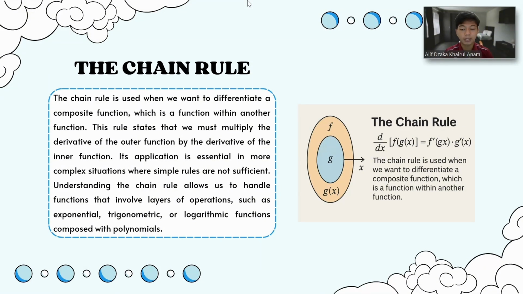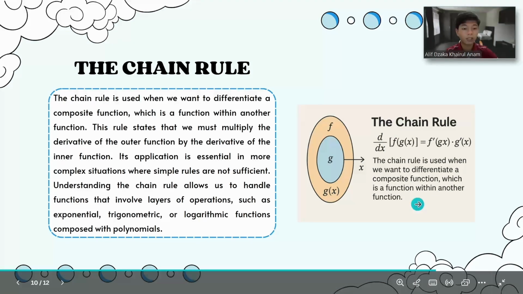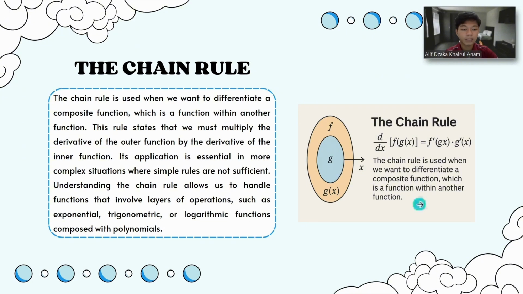Its application is essential in more complex situations where the chain rule allows us to handle functions that involve layers of operations, such as exponential, trigonometric, or logarithmic functions composed with polynomials. This is the chain rule.